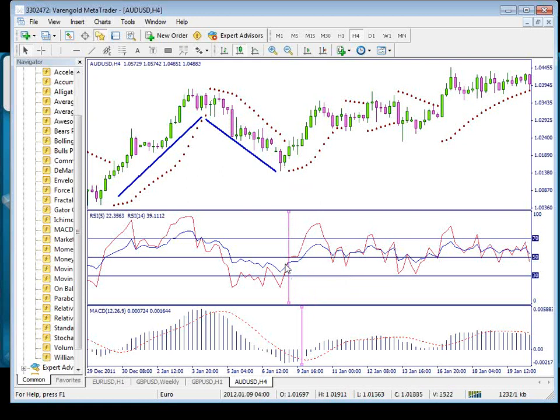So if I have the signal here and I'm going maybe around this area into one buy, I will suppose that I will stay in this trade for a longer period.